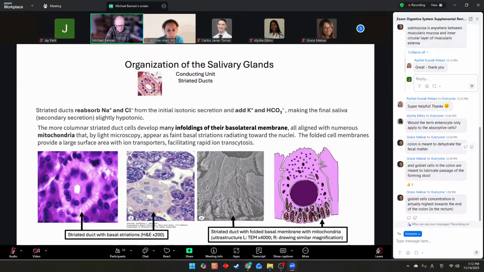You can see it nicely here in this tissue section, and you can also see it even more dramatically in this one. So this is an example of where at the light microscopic level, what we're seeing is the evidence of the ultrastructural feature of basal membrane infolding associated with numerous mitochondria. That's what we're seeing in the basal half of the cell on H&E stained sections.